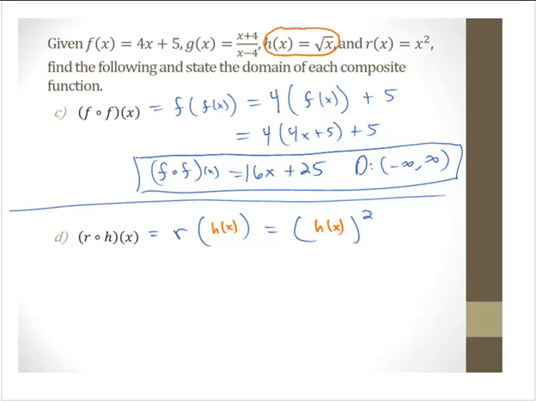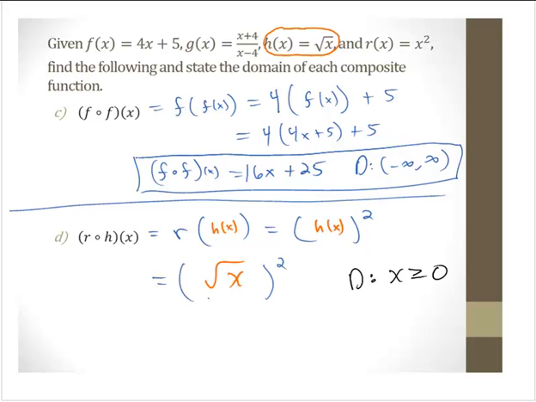So that would give us, then, the square root of x, squared. All right, now remember, since we have that square root, remember that the domain, then, is x must be greater than or equal to 0.